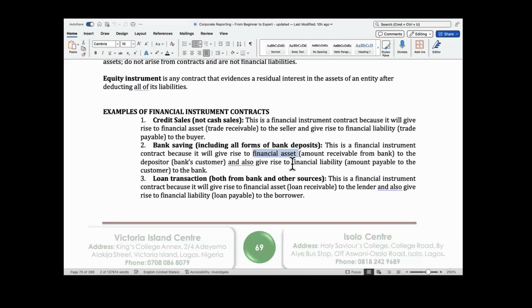And the bank has a financial liability, customer deposits, which is an obligation to deliver cash at any point in time. When a customer comes knocking, the bank must deliver cash. They have an obligation to deliver cash. So that transaction, bank savings, is a financial instrument contract because it meets that definition completely.